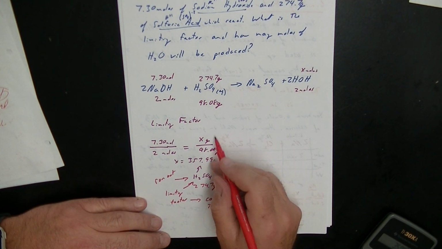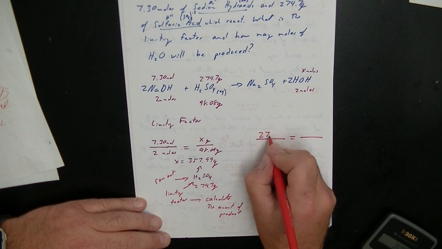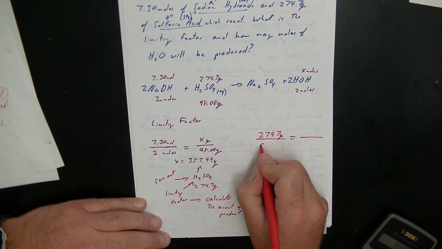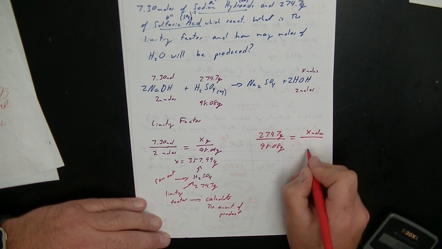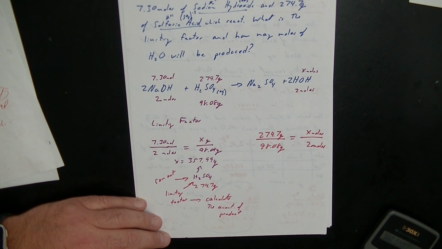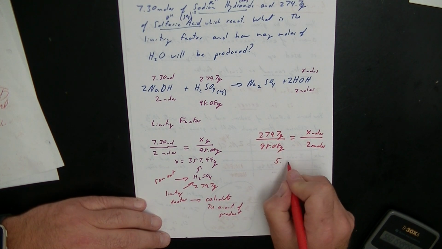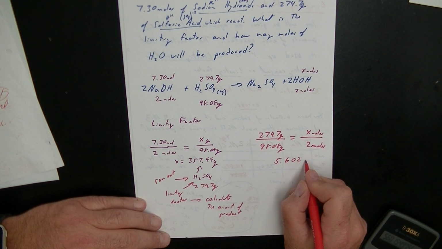So I'm going to use this ratio, 274.7 grams over 98.08 grams, X in moles over 2 moles. 274.7 times 2 divided by 98.08, we get 5.602 moles.